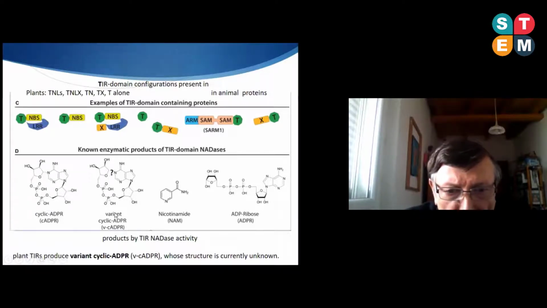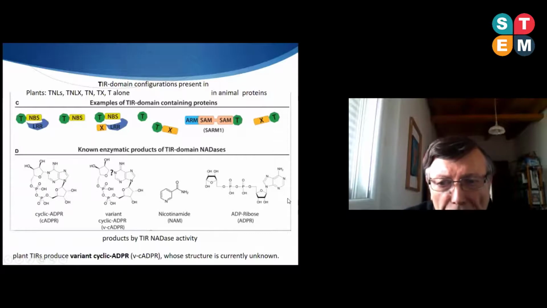So this is the variant cyclic ADP ribose that is found in plants, and its structure is still not determined.